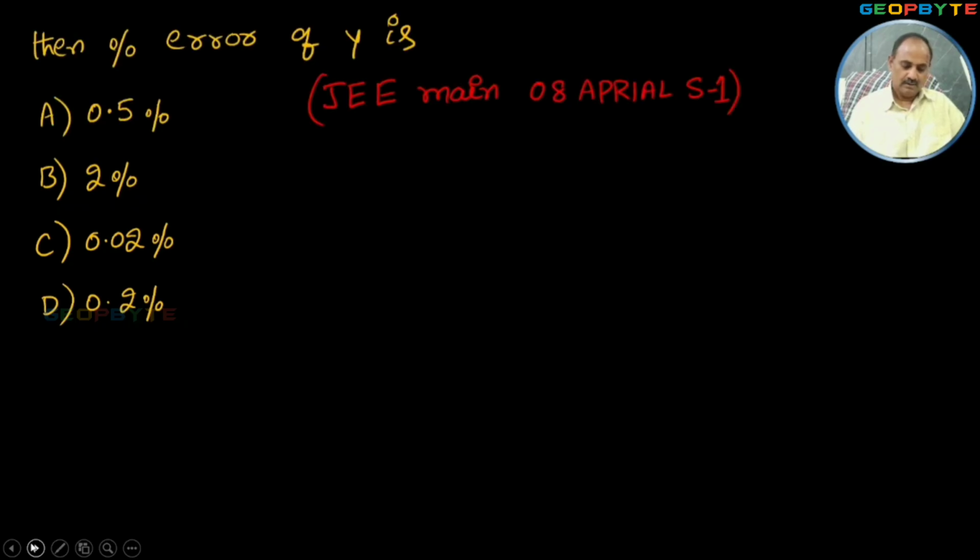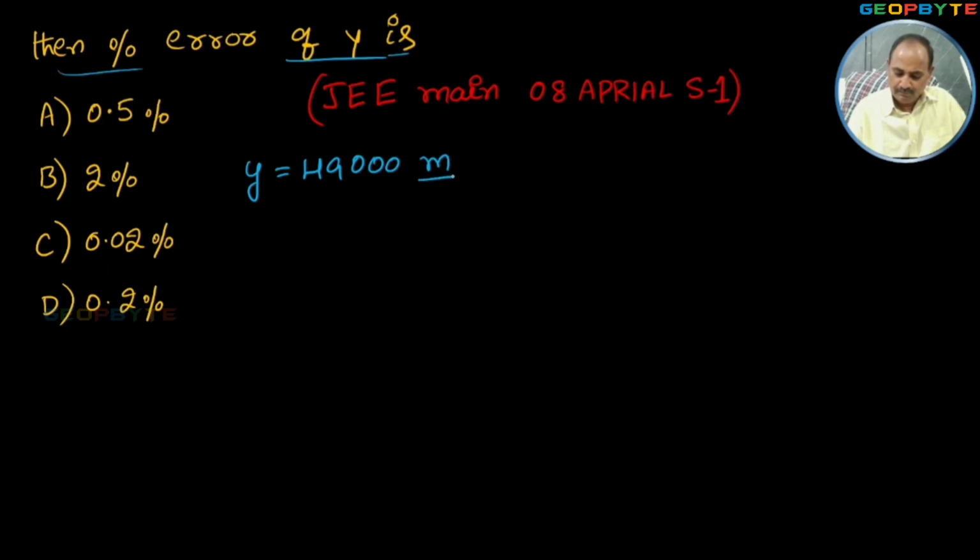Then the percentage error in the Young's modulus Y is asked. It is given that Y equal to 49,000 into M by L, with units dyne per cm square. Now we need to find the percentage error in Young's modulus.